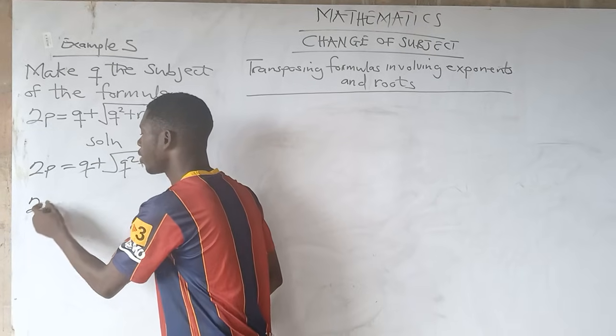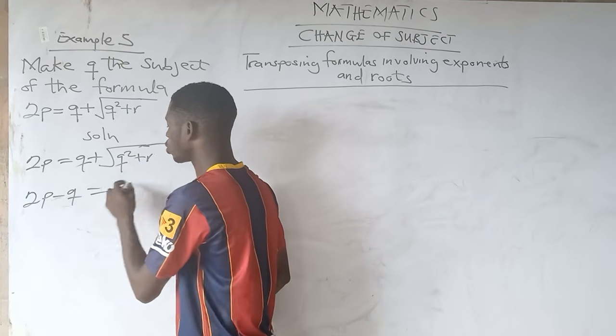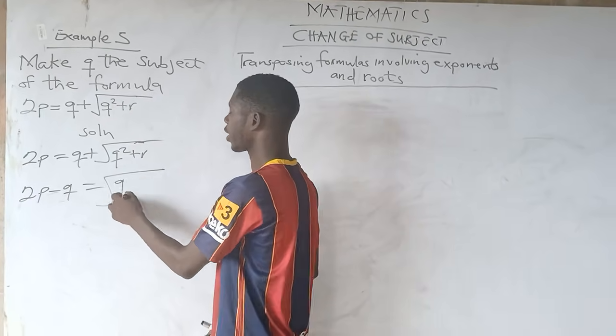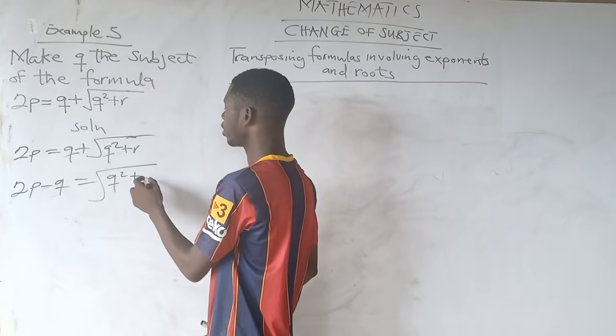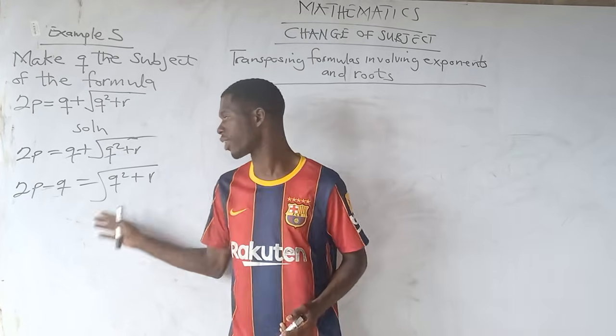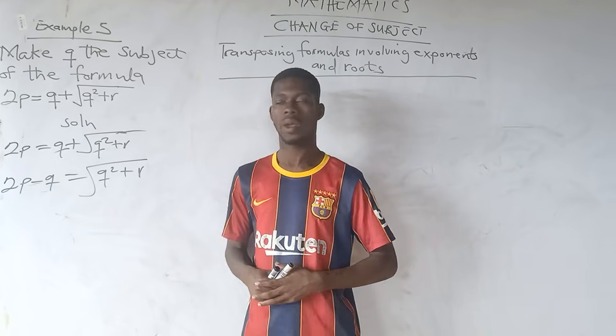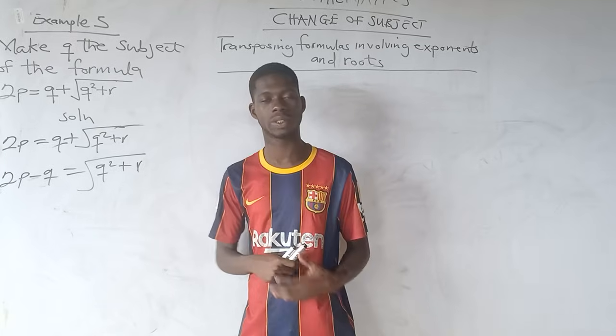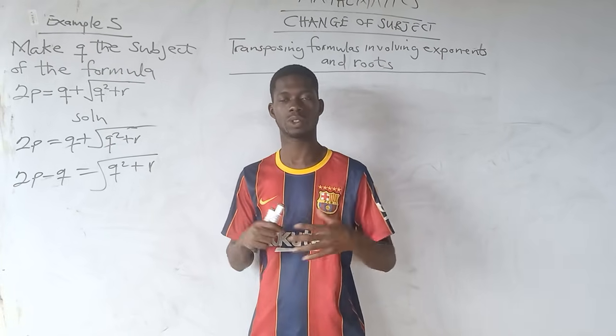So you get 2p minus Q equal to root of Q squared plus R. Okay, this is the first thing. Now you want to eliminate the root, that is the square root.